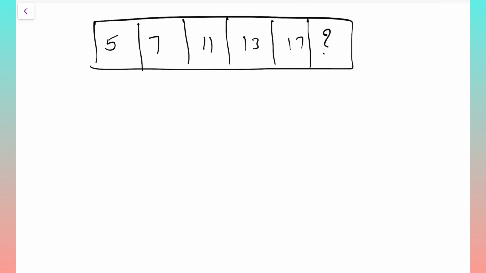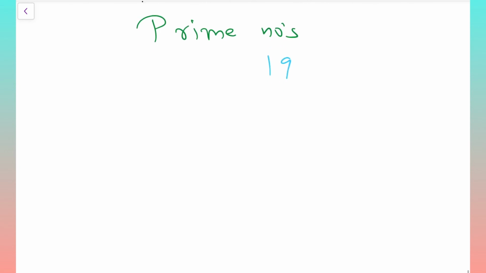If we observe those numbers clearly, easily we can say one thing: those all are prime numbers. 5 is a prime number. After 5, the next prime number is 7. Next prime number is 11. Next prime number is 13. Next prime number is 17. Then after 17, which is the prime number? Nothing but 19.